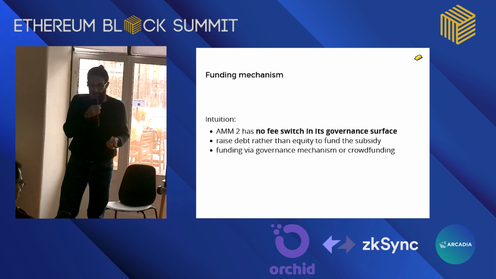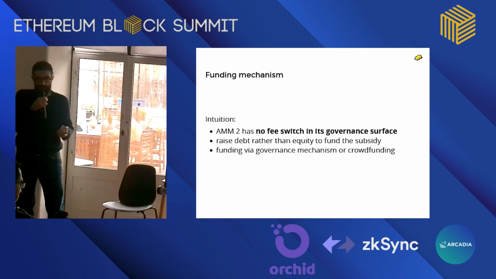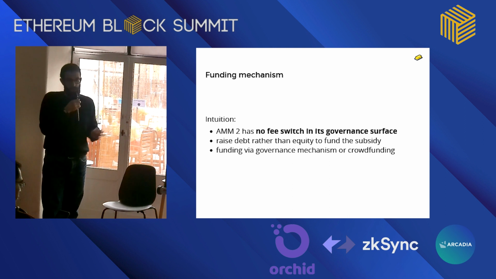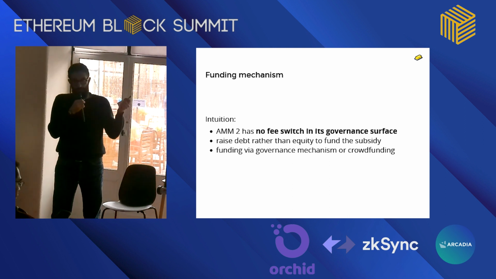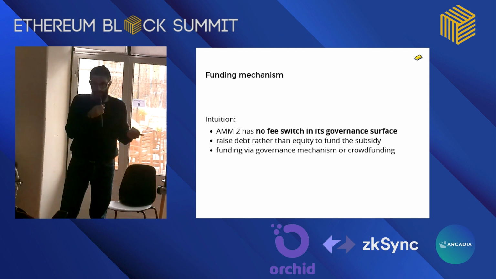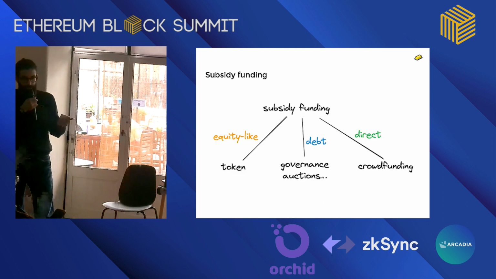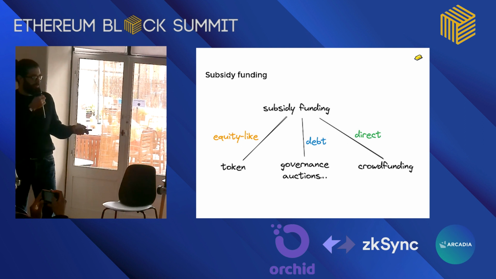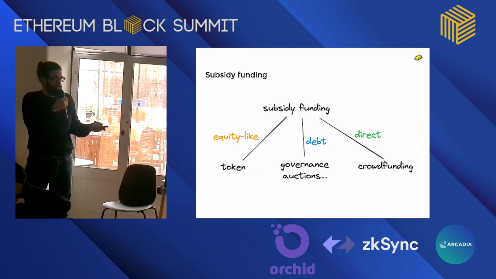And the basic idea is that if you want to pay for a subsidy, you can raise debt. And we'll see why it's a bit better than thinking in equity terms. I'll explain quickly. Funding via governance mechanisms or crowdfunding are some of the options. To fund, you have different options. Equity-like is like governance tokens, right?